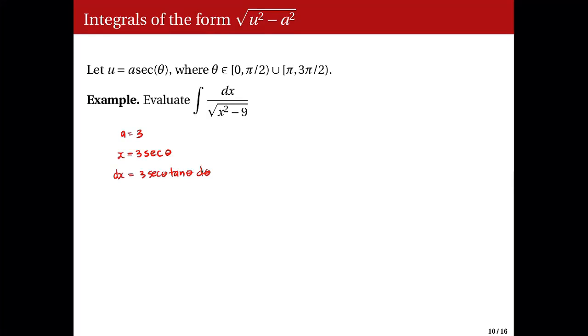And then if we calculate x squared, this is just 9 secant squared theta. And therefore, square root of x squared minus 9 is just square root of 9 secant squared theta minus 9. If you simplify this, you'll just get 3 tangent theta.